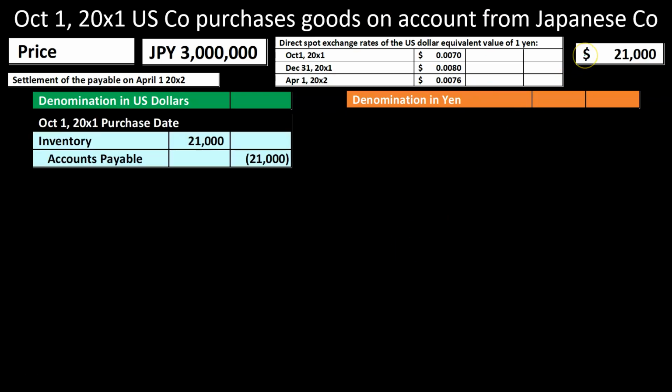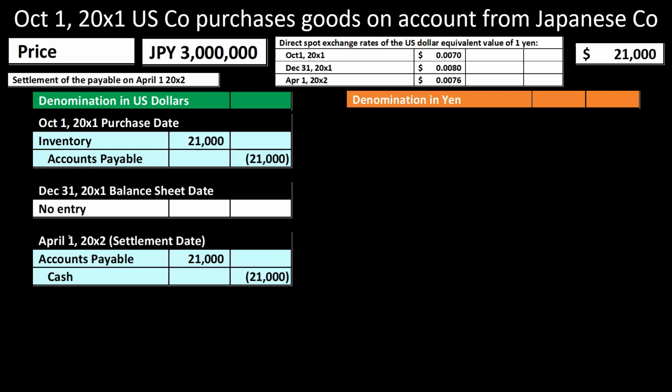So if we didn't have foreign currency and we just recorded this like a normal transaction that happened in dollars, let's say that we purchased the inventory on account, no foreign currency problems taking place, we would simply say that we have the inventory on the books, and then the credit would be going to the accounts payable. And we're not thinking about foreign currency here.